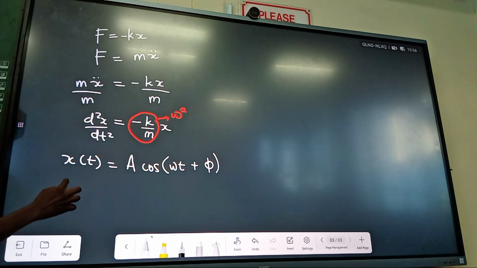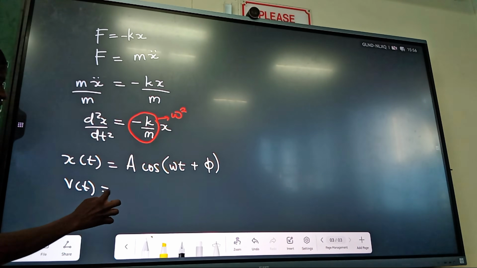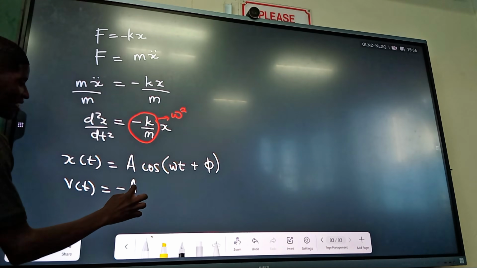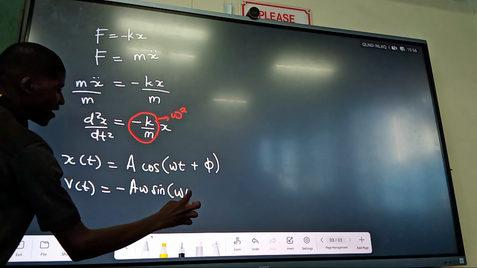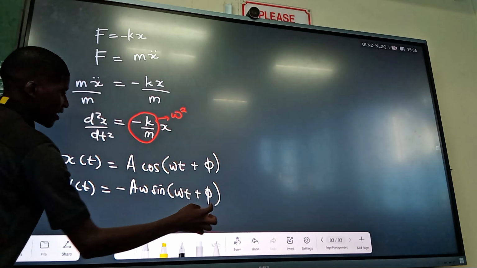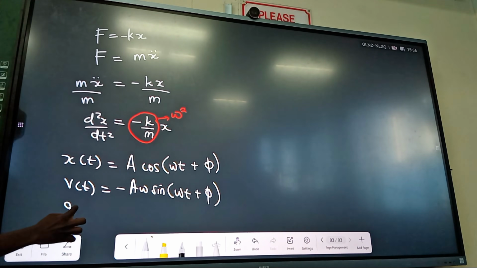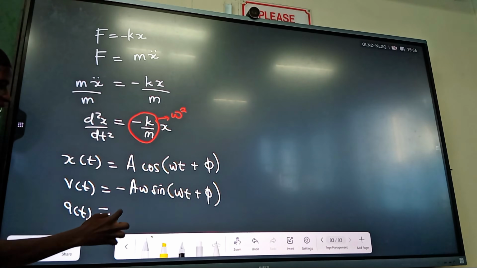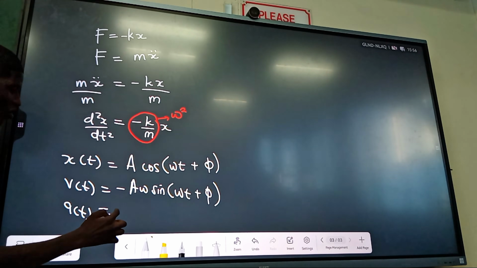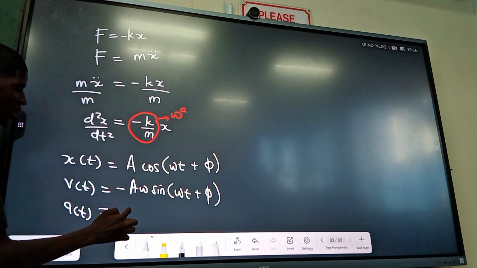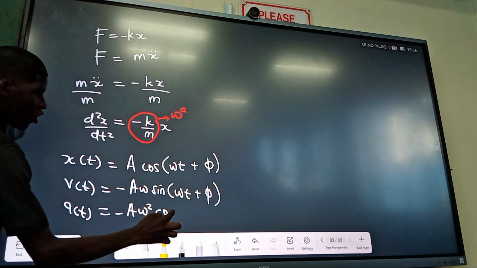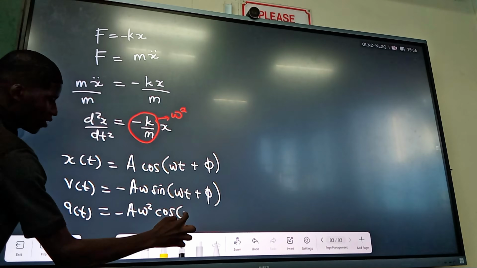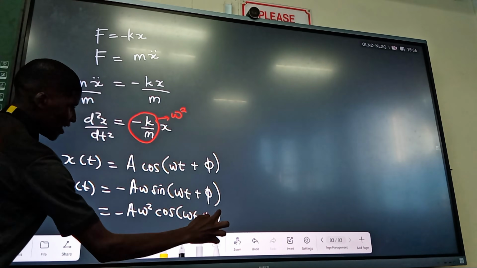And then in that case, the velocity is equal to negative A omega sine(omega t plus phi). And then the acceleration, if you derive the position again, is negative A omega squared cos(omega t plus phi).